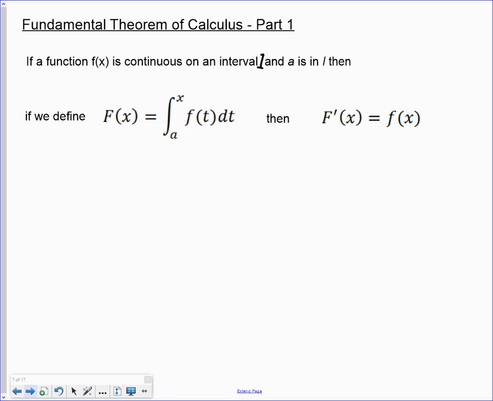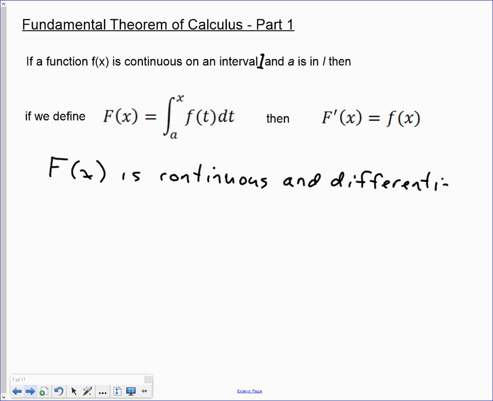So it also implies that F at x is continuous and differentiable on that interval I.